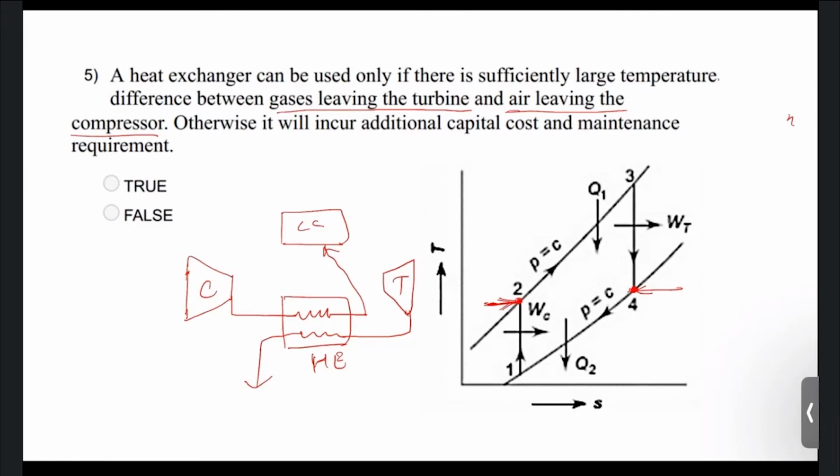If there is not a big difference, as we know this Brayton cycle always works in the gaseous state, it is always desirable to have a large difference between point 2, the air leaving the compressor, and point 4, the gases leaving the turbine. There should be a sufficient temperature difference, then only we will get a good amount of heat that will be beneficial.